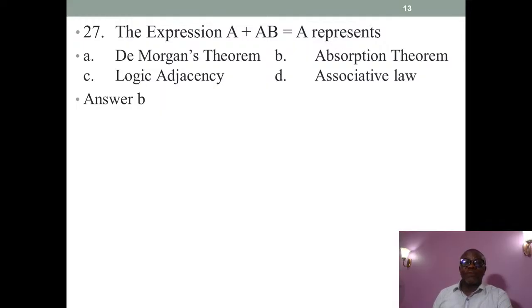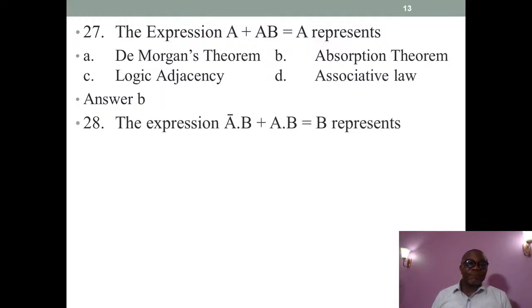If you simplify that left-hand side, if you bring out A, it becomes A and (1 or B). 1 or B is equal to 1. So what you will now have is A and 1, which gives you answer A, and we call it the absorption theorem.